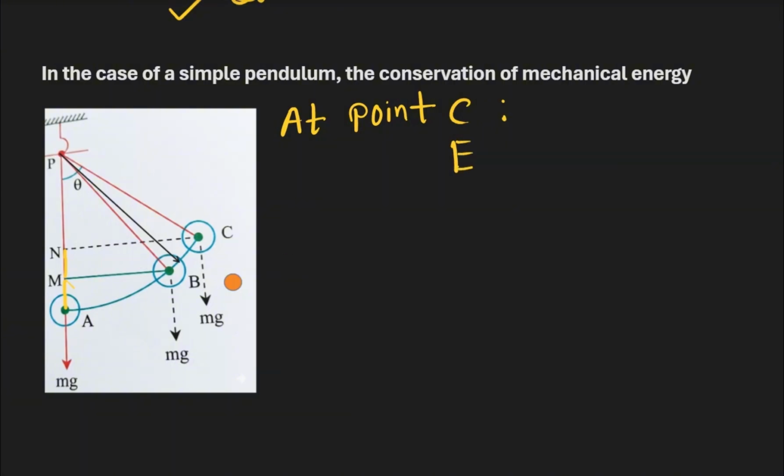The potential energy at C is mg, and the height is, as I said, AN, right? At point C it is actually stopped and then released, right? Indeed, at point C there is no velocity, so Vc is equal to 0, and the kinetic energy at C is 0.